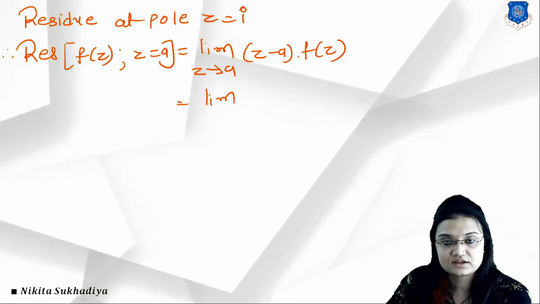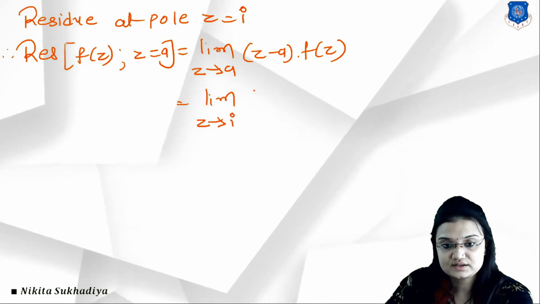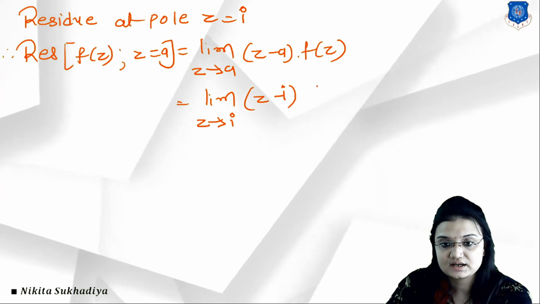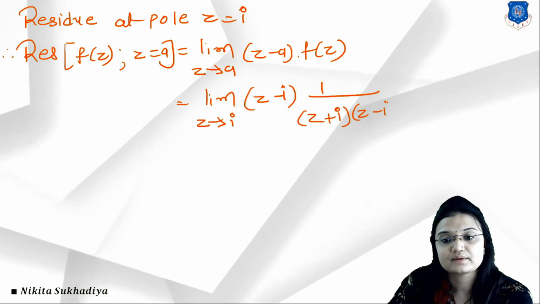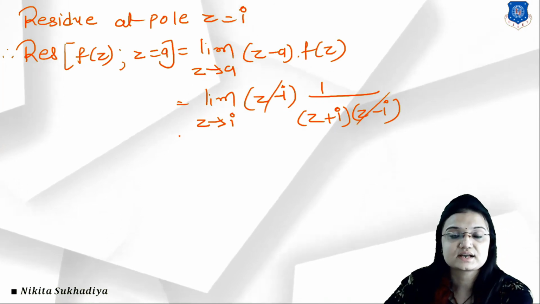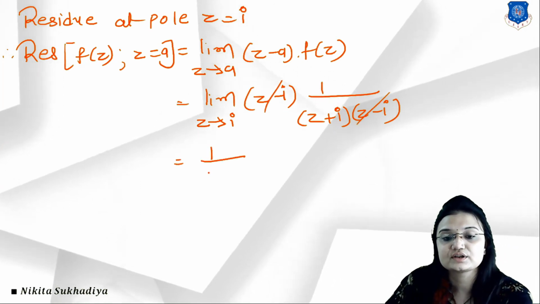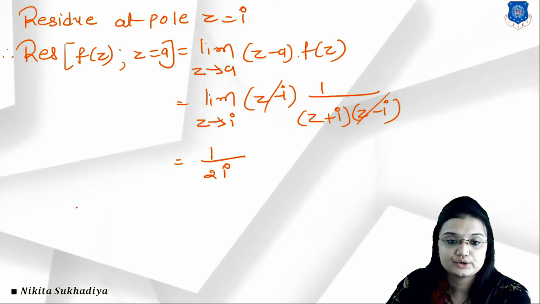So this is nothing but limit z tends to i, this will become z minus i and we have function that is z plus i and z minus i. So this z minus i cancel out. So here we have 1 upon 2i.